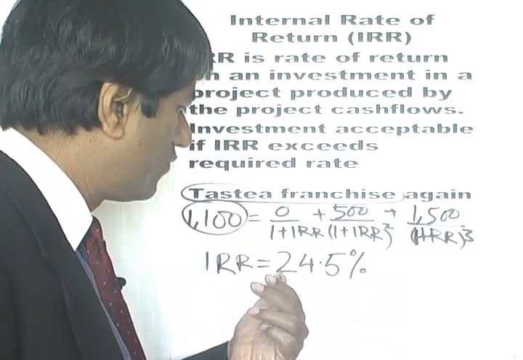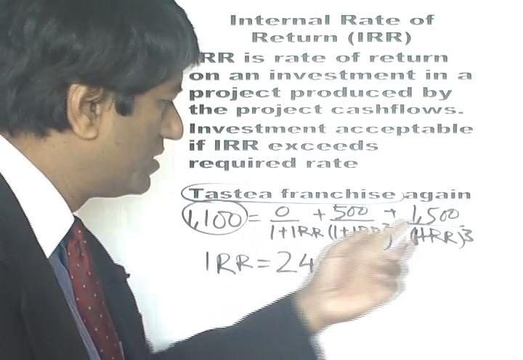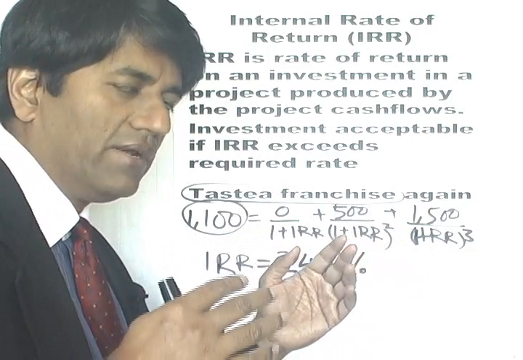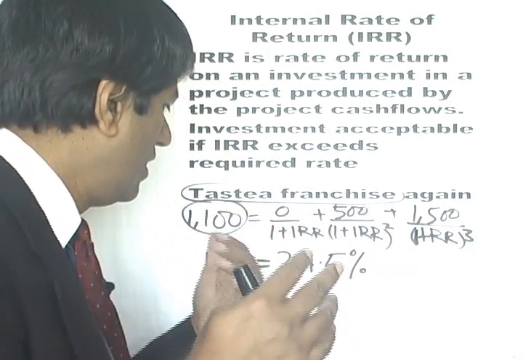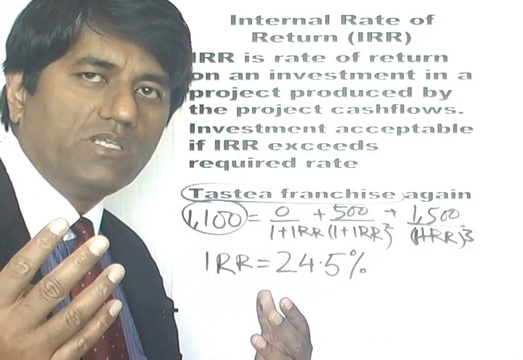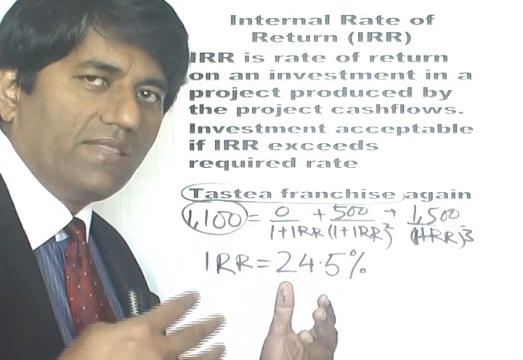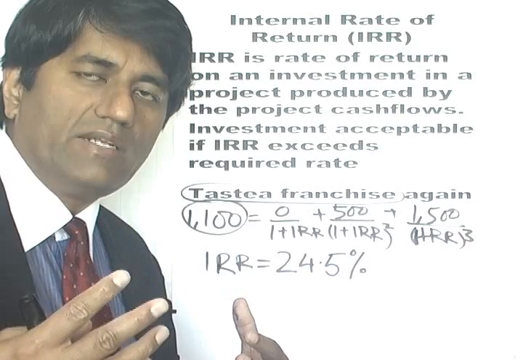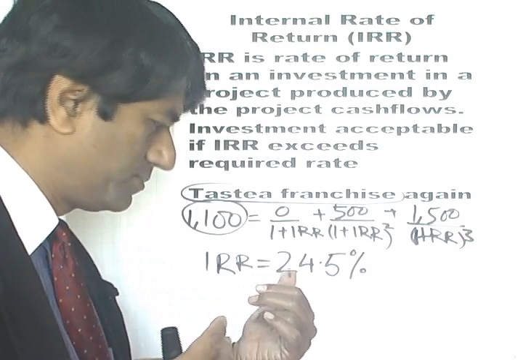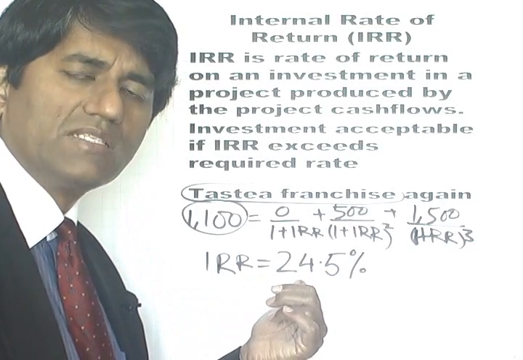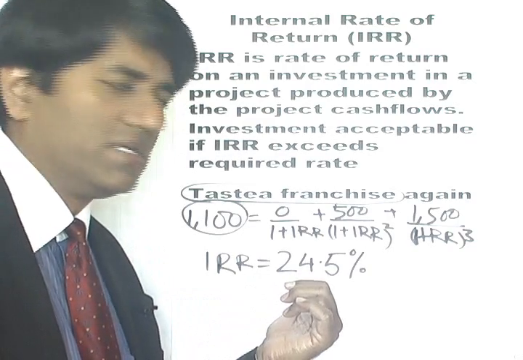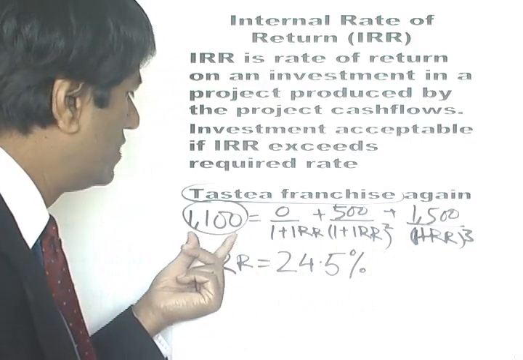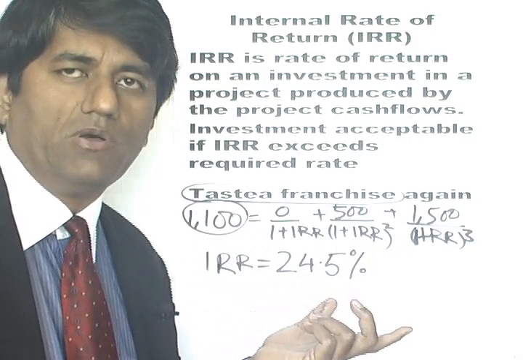Because if discounting at 24.5% reduces these values to 1100, then discounting them at 10% will reduce them to a number greater than 1100, and that would give you a positive NPV. So again, if you use NPV or IRR, you would have got equivalent answers, because if your NPV discount rate is less than 24.5%, this value will be greater than this value, and your NPV will be positive.